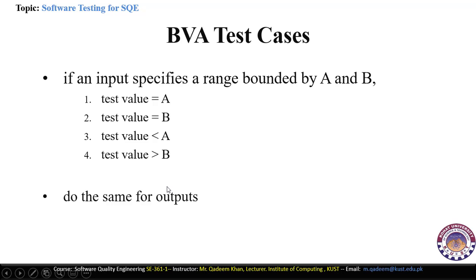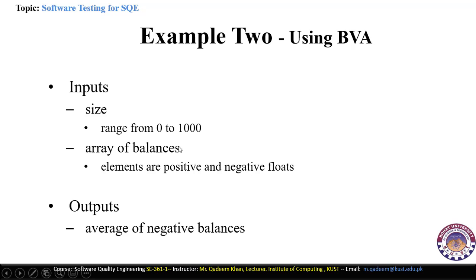So we will do the same for the output as well. We will also examine the output based on 4 different values. Now, for example, if we want to test the system on the range of 0 to 1000, the size of our input should be from 0 to 1000. So the array of balance elements are positive or negative floats. Positive means all values from 0 to 1000, inclusively 0 and 1000.